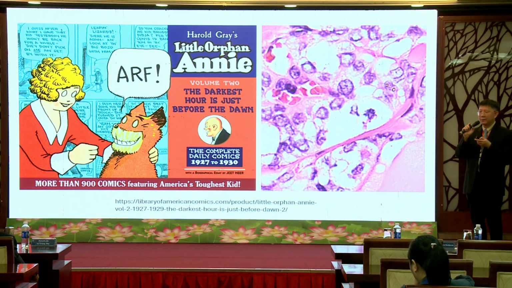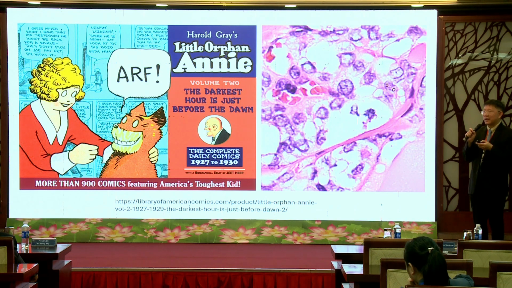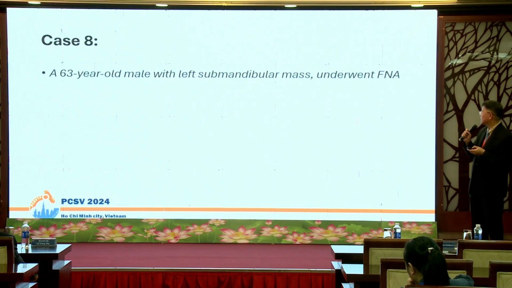The nuclei of PTC have a ground glass appearance. They have chromatin, so it is not empty. Anyway, pathologists like to compare the morphology with other things to better understand the disease.